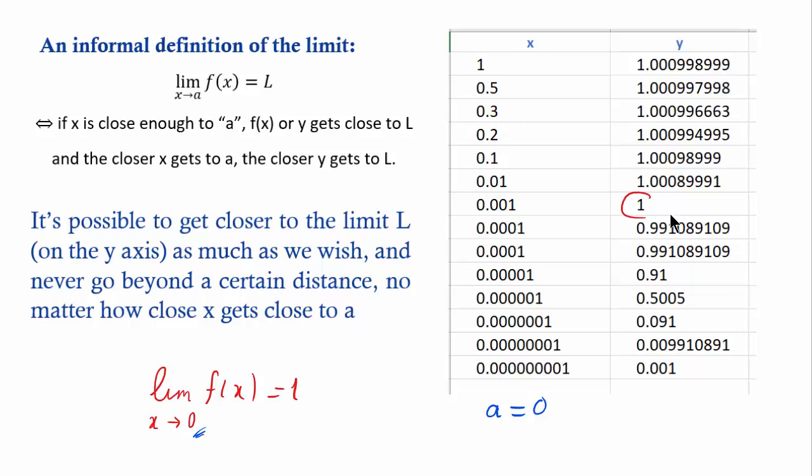While this is the alleged limit, and let's call it L prime. Now, according to this condition, we may wish to get close to L prime on y-axis within the distance of just 0.01. So here, if we take a distance of 0.01, we will end up here. However, as we get closer on the x-axis to A, we see that y fails to keep within this distance.